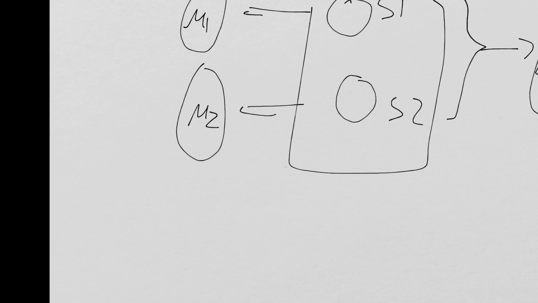Or in other words, we could say, for example, S1 and S2 predict a population each where mu1, the average of the first population, is identical to the average of the second population.